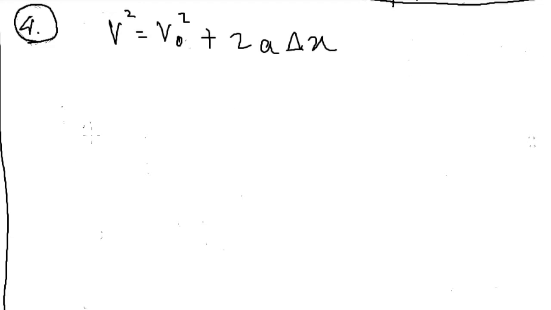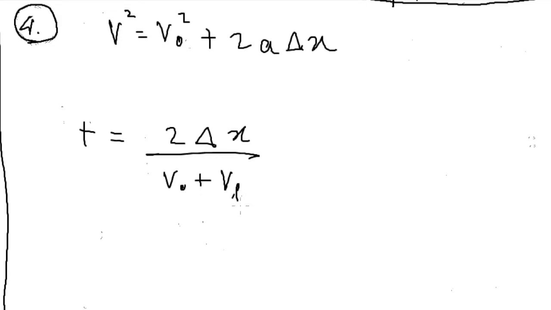So if you rearrange the third equation to find time, you will get 2 times displacement divided by the sum of the velocities, or just v rather.